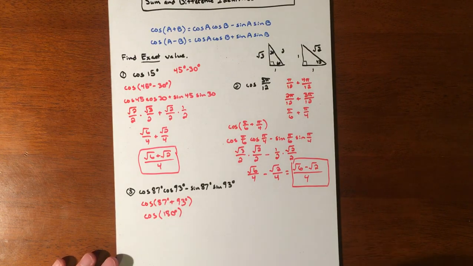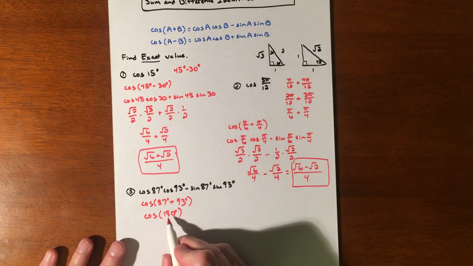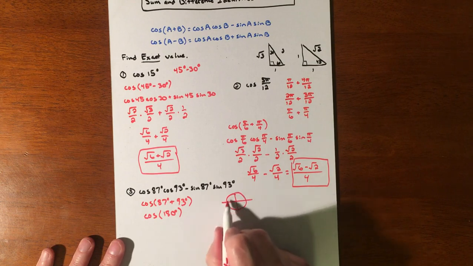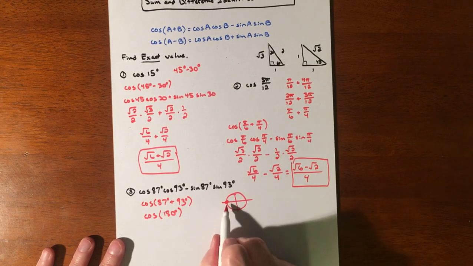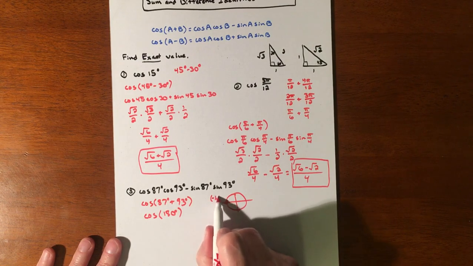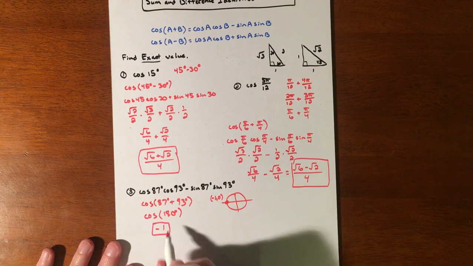It's going to be something that's going to be a 30-degree reference angle, or a 60, or a 45, or this, which is going to land on an axis. So we are looking at 180 degrees. So we're looking at that point, and cosine is an x. So we just get a -1 out of it.